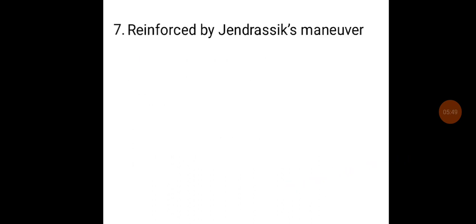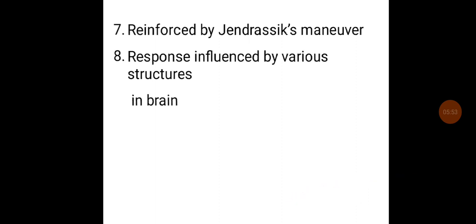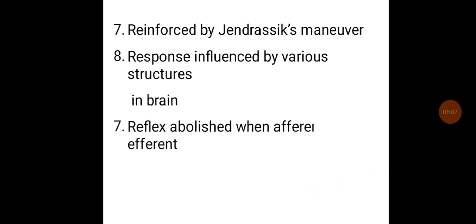These reflexes are reinforced by the Jendrassik maneuver, wherein gamma motor neuron activity sensitizes the reflex activity. The response of this stretch reflex is influenced by various structures in the brain, and usually this overall influence is negative on the stretch reflex. The stretch reflex is abolished when afferents or efferents are cut.